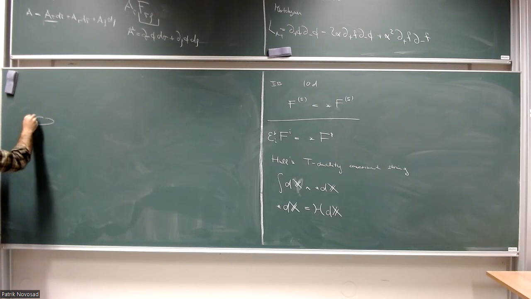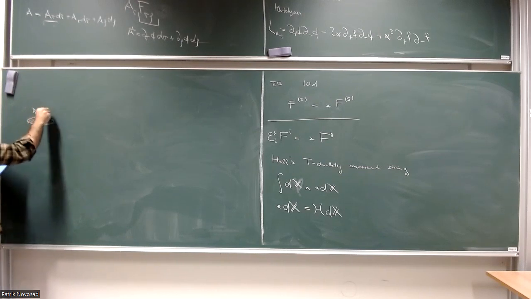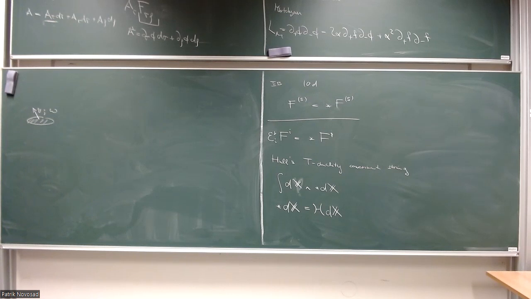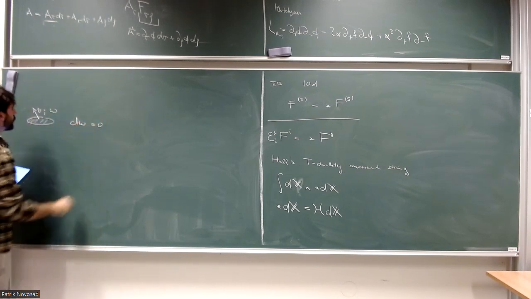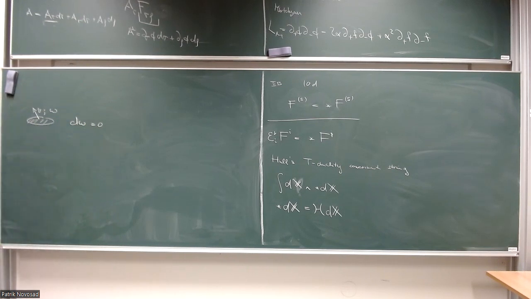So we have this time, which is now tilted maybe, and it's given by some vector b, and there would also be a dual form of omega, which is closed. That would be some geometric input.